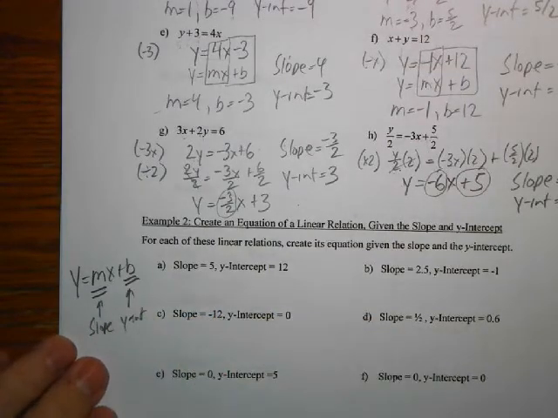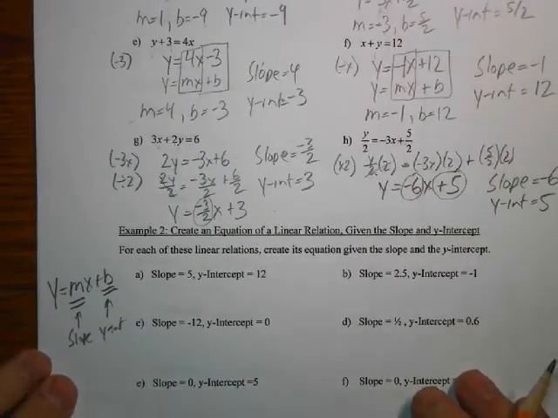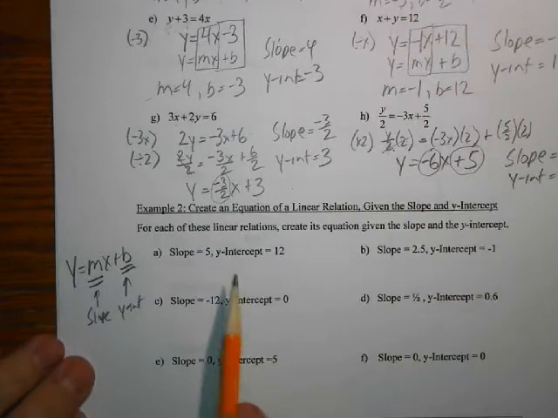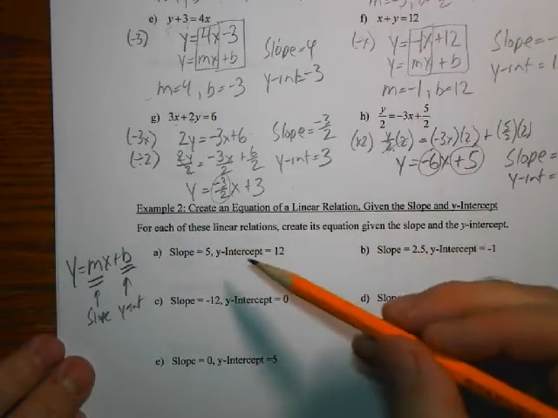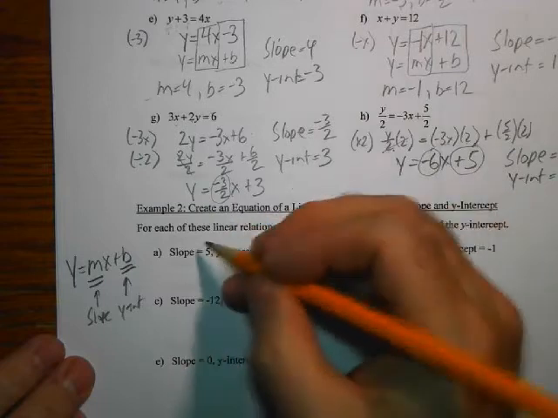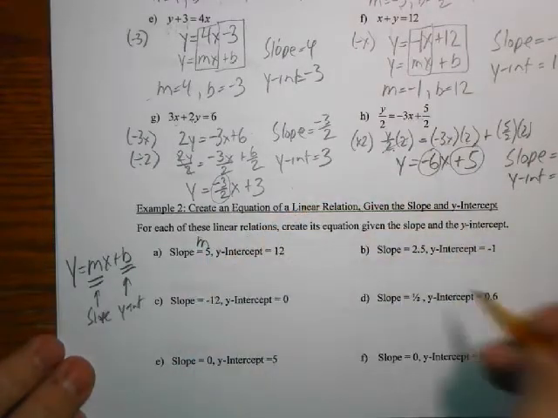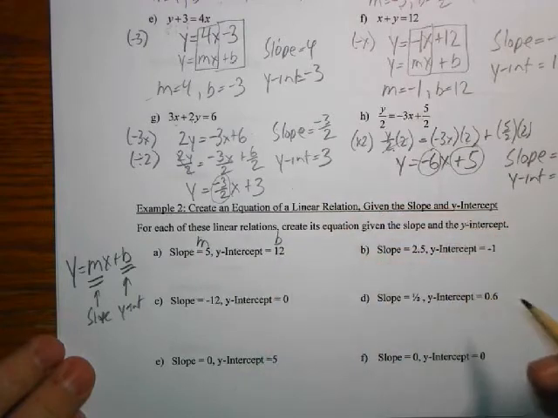and the b is the y-intercept. So this is actually quite a bit less difficult than the last one, because we just identify where's the slope, where's the y-intercept. They kind of told us that. So wherever it says slope, I know that's m, and the y-intercept will be b.